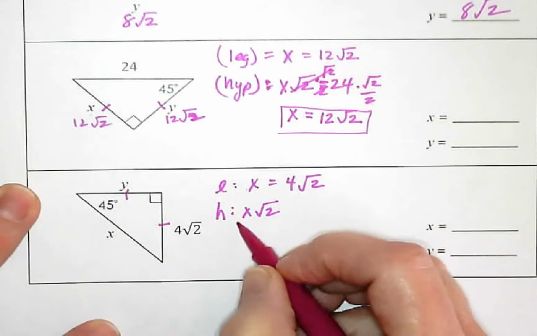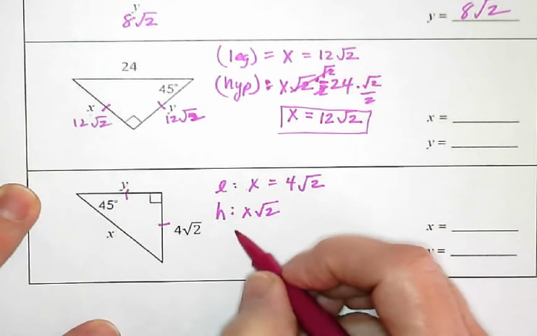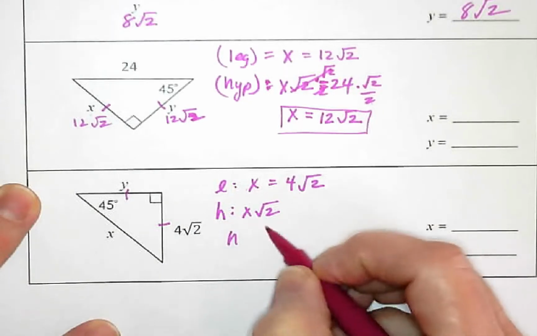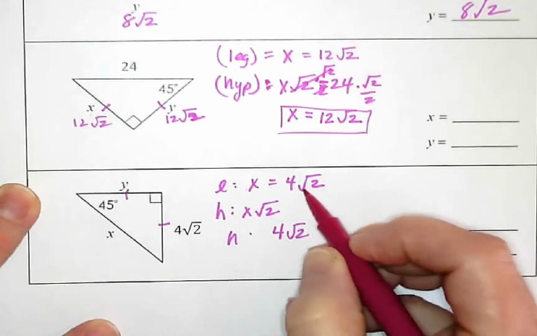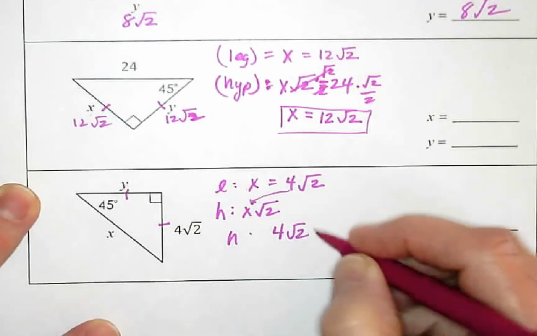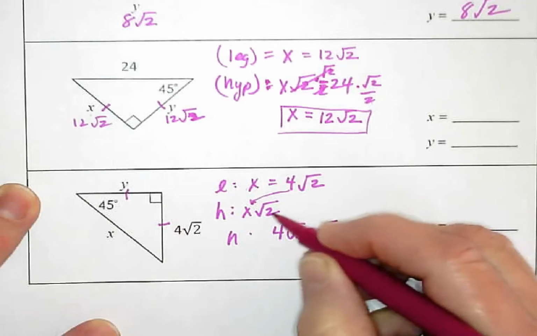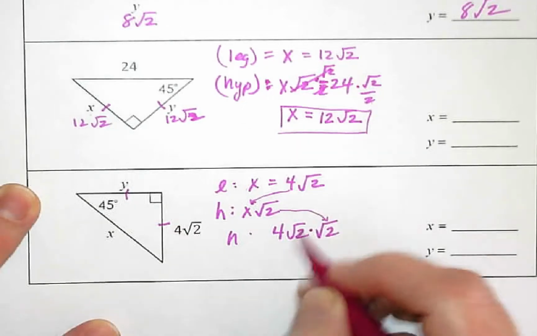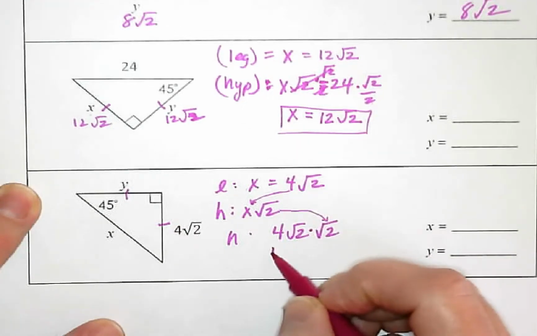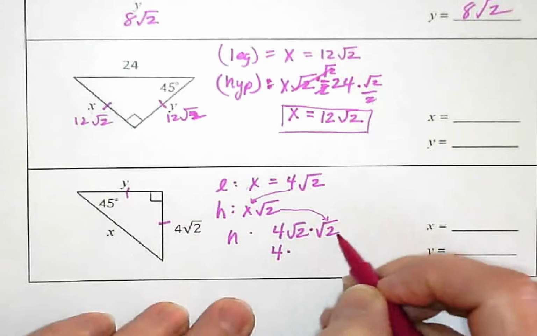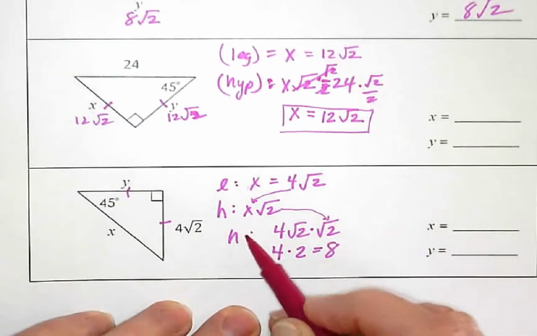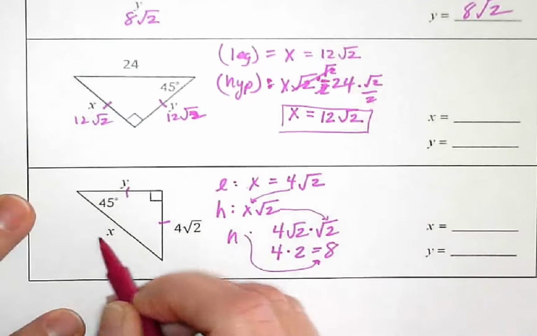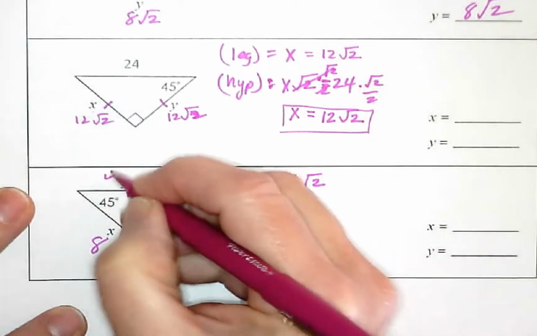I get the hypotenuse by substituting 4 square root of 2 in place of x, times the square root of 2, and then I multiply that. 4 times square root of 2 times square root of 2 is 4 times 2, so that would be 8. So the hypotenuse is 8, and both legs are 4 square root of 2.